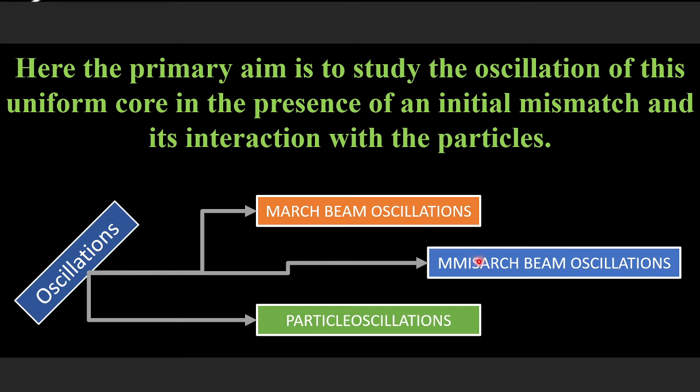Now, when you introduce a mismatch, the beam also oscillates, but with a different wavelength. And the third type of oscillation is the oscillation of the particles, because particles are also facing forces, and that leads to their oscillations, in general called betatron oscillations, and it will have a different wavelength than these two oscillations. So there are three types of oscillation in our system. I hope it's clear.